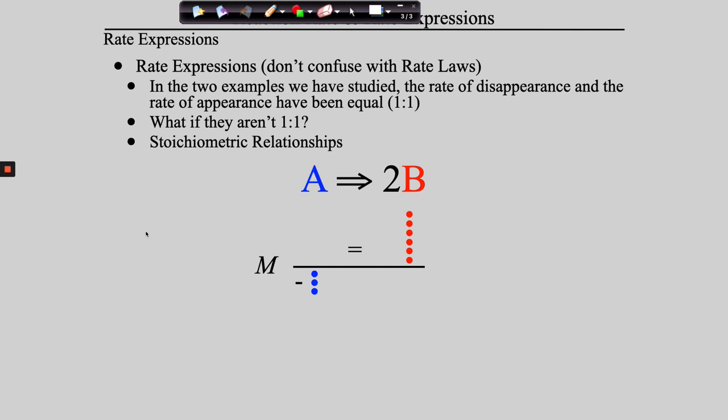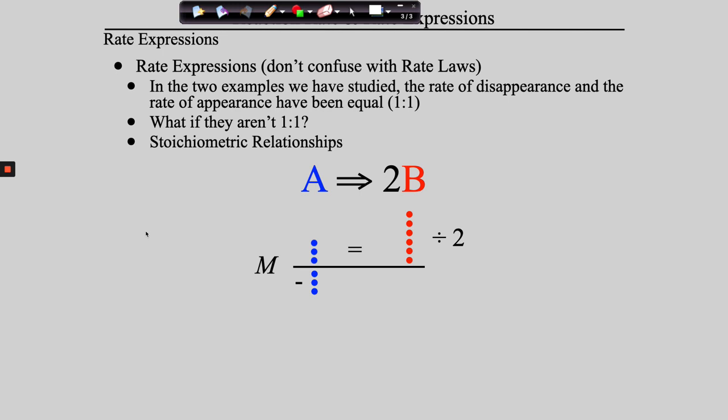That flips it over. So now they're both headed in the same direction. But now we got to make them the same height. So we divide, in this case by 2, and that makes them the same height. But where did the 2 come from? The stoichiometry. Does that make sense?